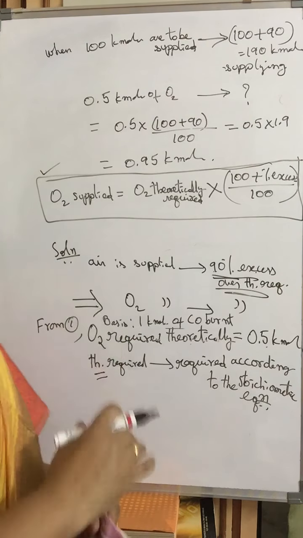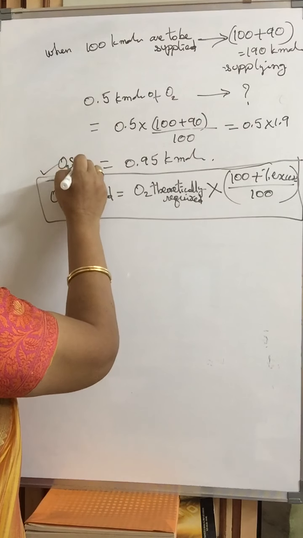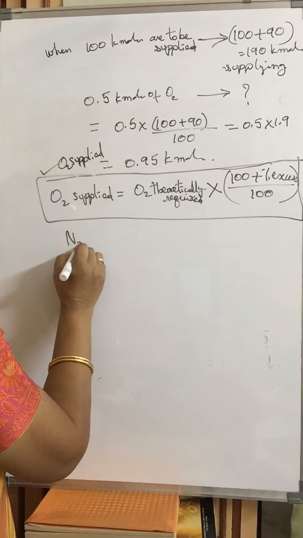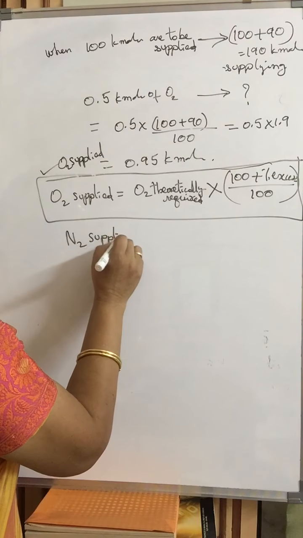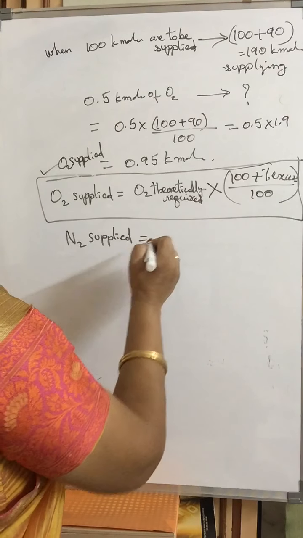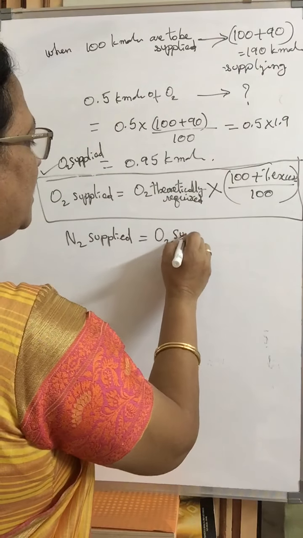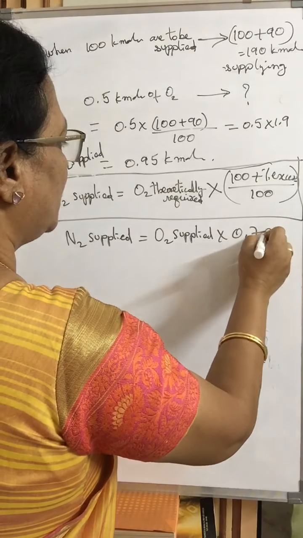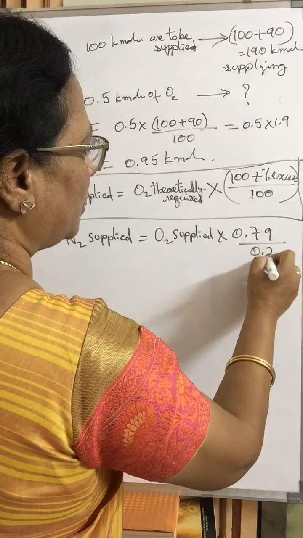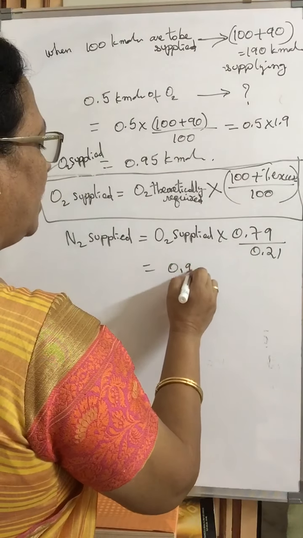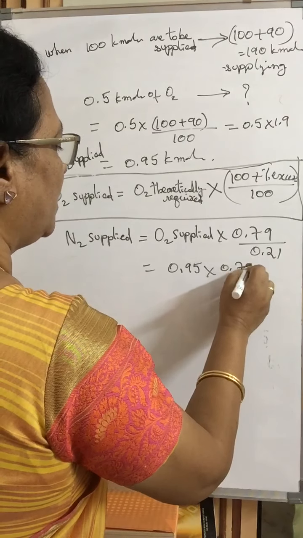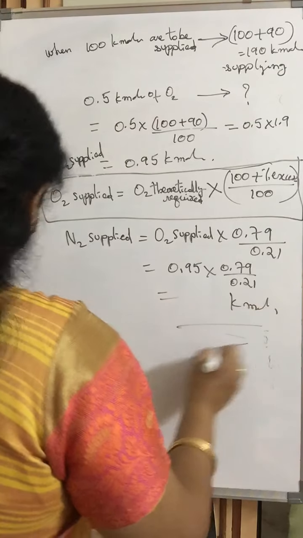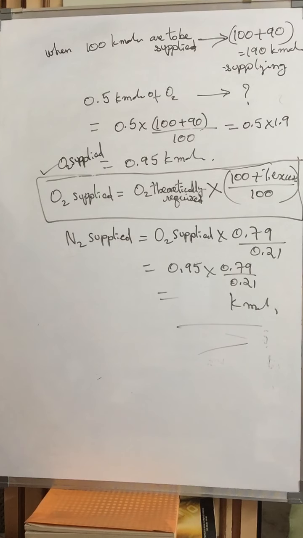So in our example, this is the oxygen supplied. Next, nitrogen supplied. Nitrogen supplied is oxygen supplied, which we have written already, into the nitrogen amount 0.79 by 0.21, that is 0.95 into 0.79 by 0.21.